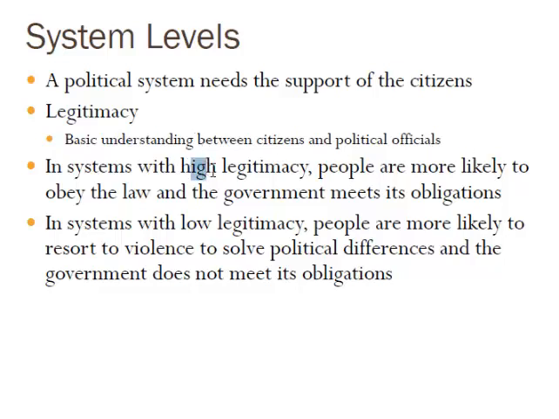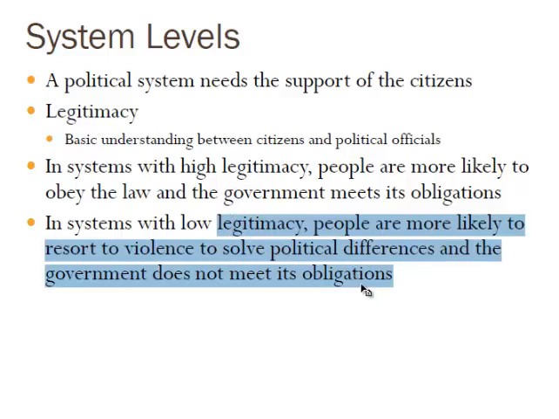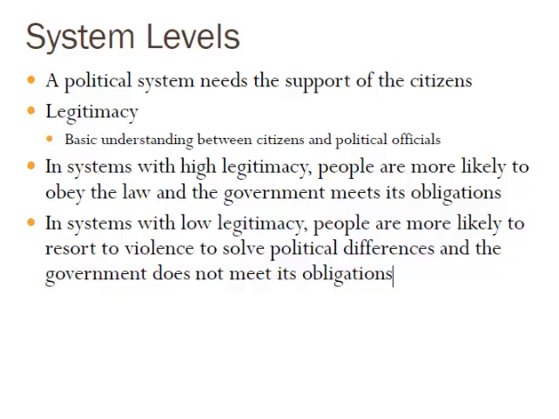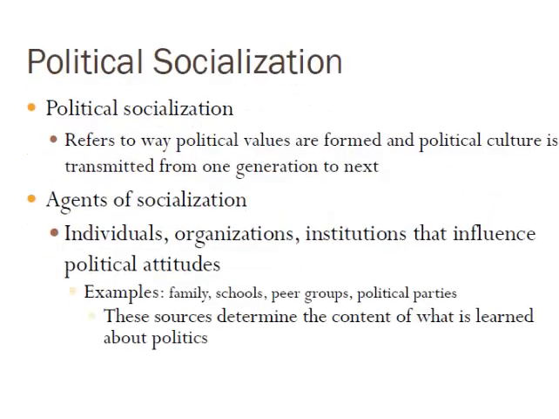Where there's high legitimacy, people are more likely to obey the law rather than trying to get around it with things like the black market and cheating the government if they think they can get away with it. Where there's low legitimacy, of course, people are much more likely to resort to theft and violence and things like that to solve political differences between the people.